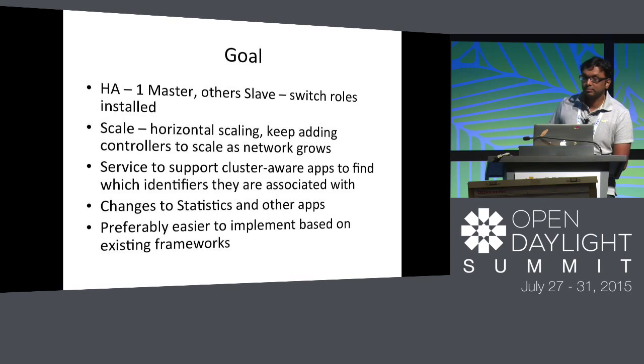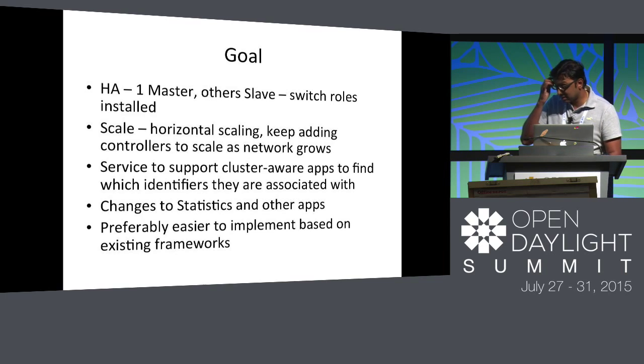Second is scale. We are trying to achieve horizontal scaling, such that if more devices get added, we can add more controllers and scale horizontally. Also in this time frame, we are trying to service some apps which can be made cluster aware. There's some discussion going on around what we need from the API front for these apps to be cluster aware.